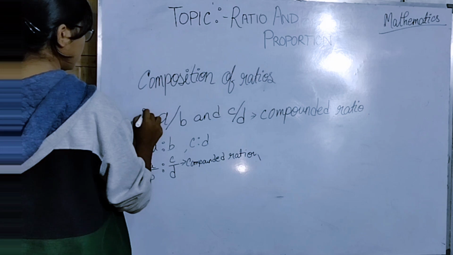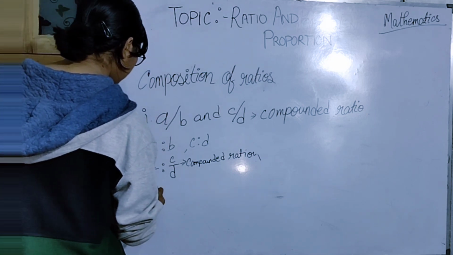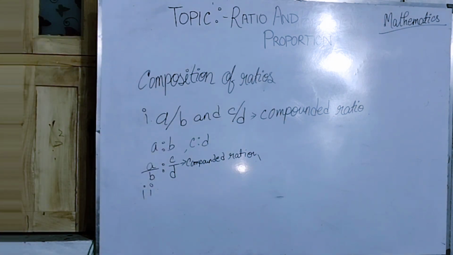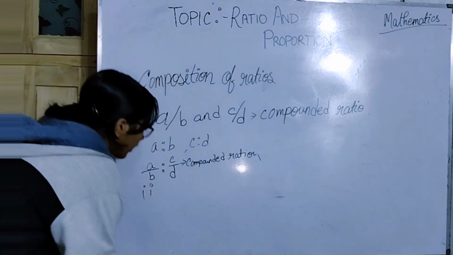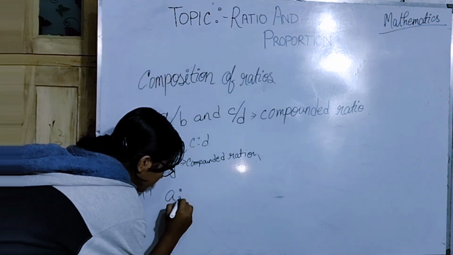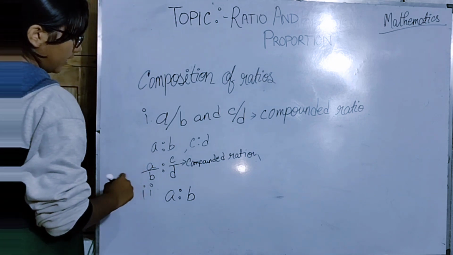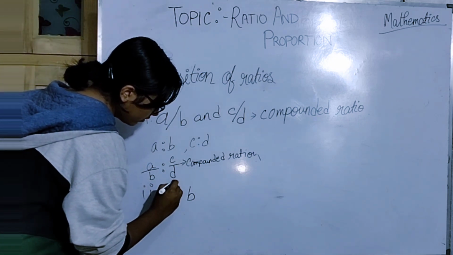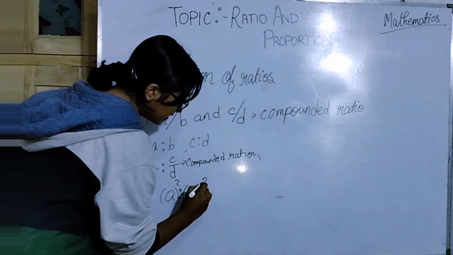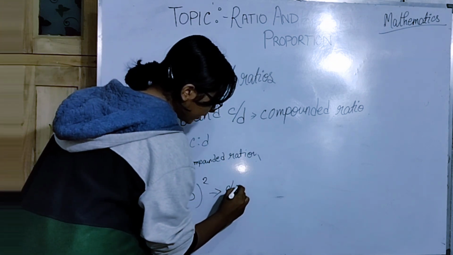This is the first. Now what is second? A ratio compounded with itself is called duplicate ratio of itself. Like, if we take A is to B and then we make it square on both the sides, it will be called duplicate ratio.